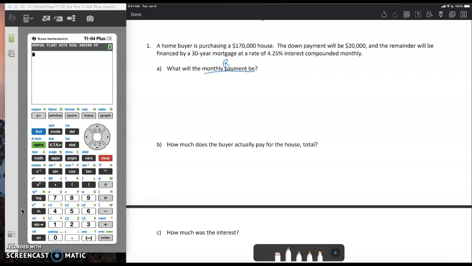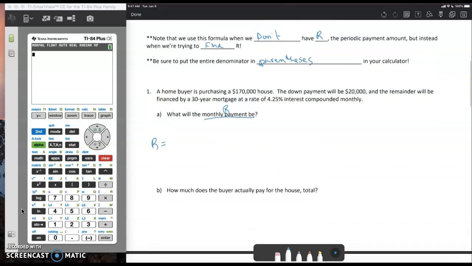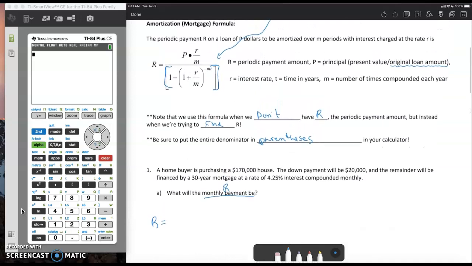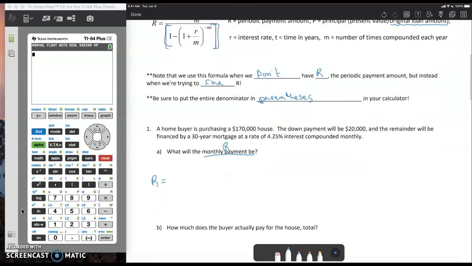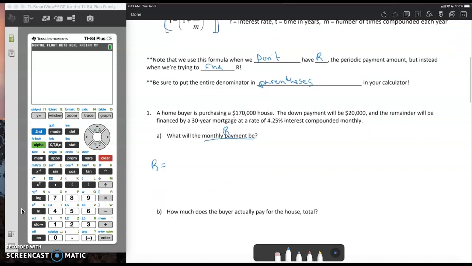I know the formula that I'm going to use: this R equals formula. The first thing we have to do is figure out, which sometimes with loans like home mortgage loans is not so simple, this P, the principal or the original loan amount. At first glance, you might think that is $170,000.